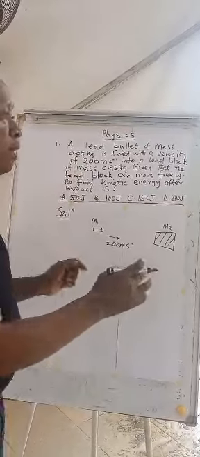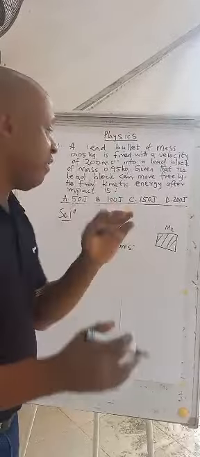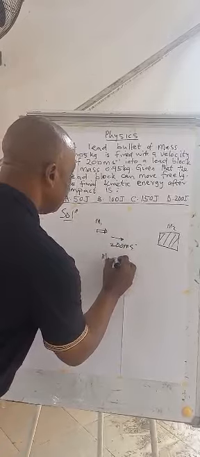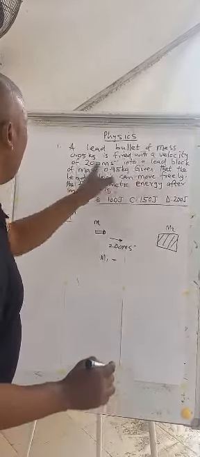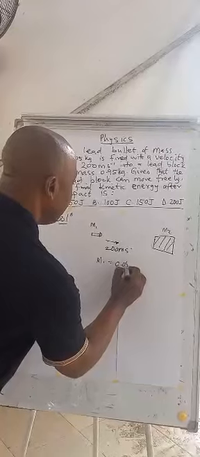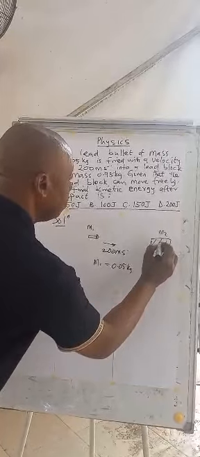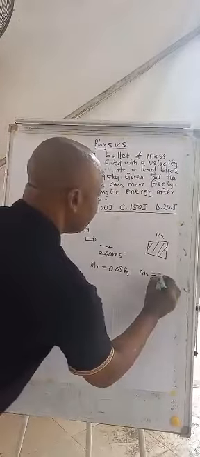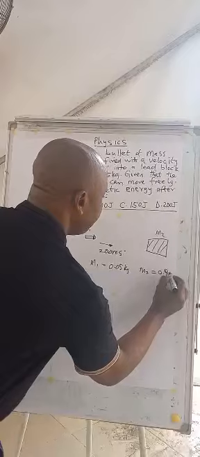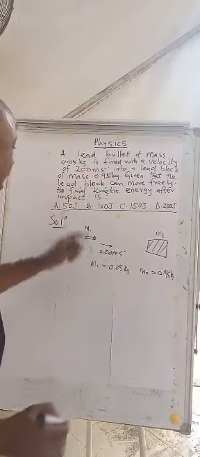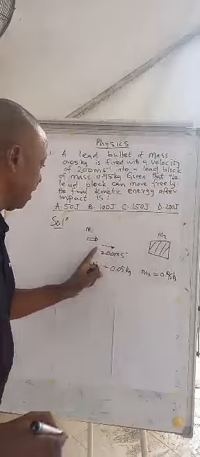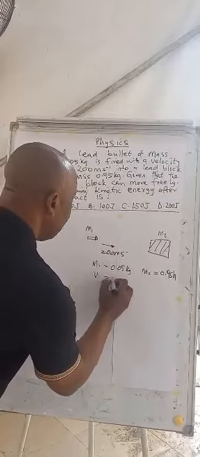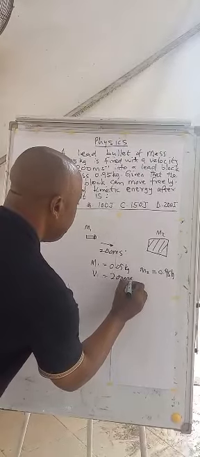So now we look at it in this way. With the first mass, we have M1 given to us as 0.05 kg. M2 is given to us as 0.95 kg, and the velocity of the bullet, let us call it V1, is 200 meters per second.